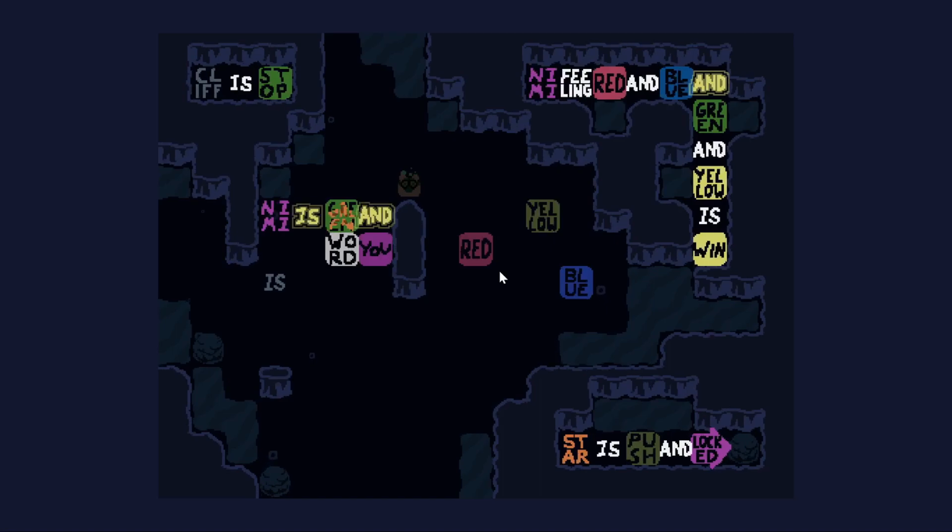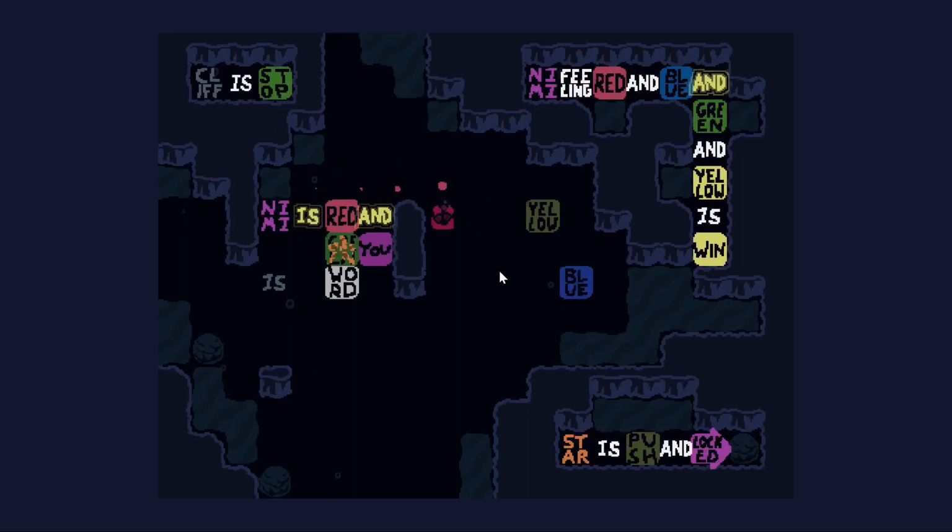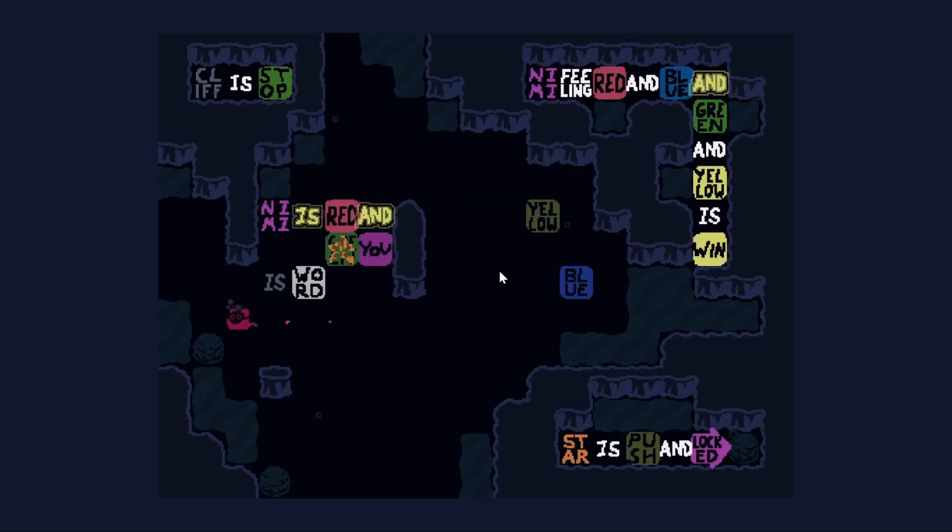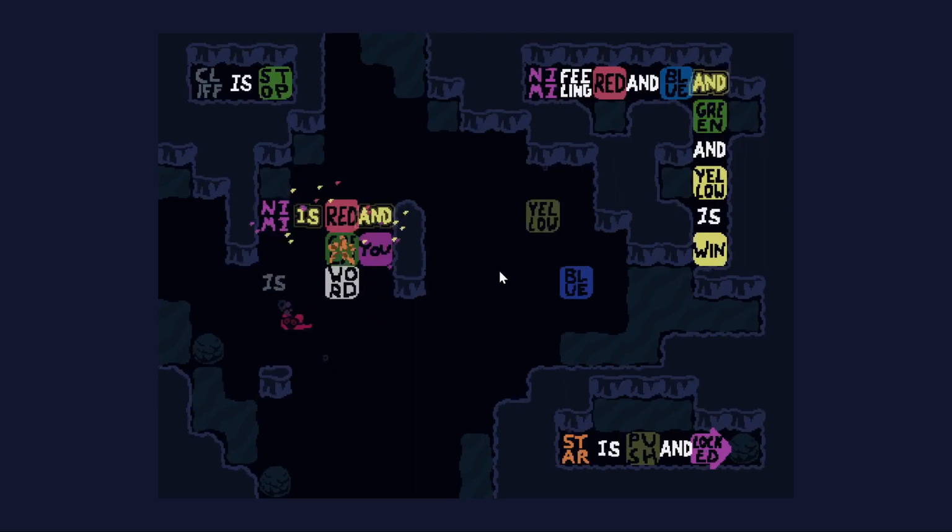So I need to push it up 1 more. How would I do that? I could remove this one. I should remove this one first.